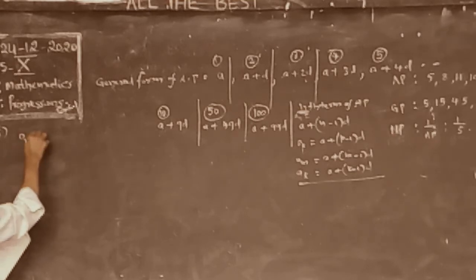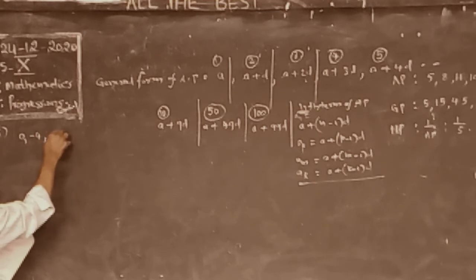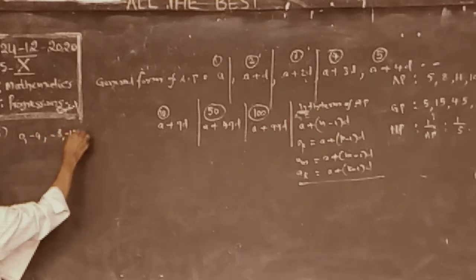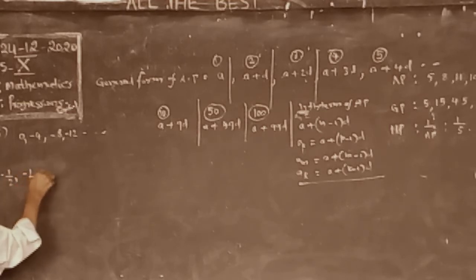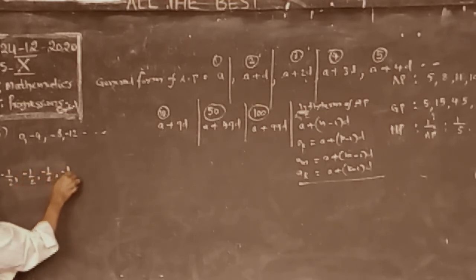Continuing: 0, minus 4, minus 8, minus 12, dash. Next: 1, minus 1 by 2, minus 1 by 2, minus 1 by 2, minus 1 by 2.